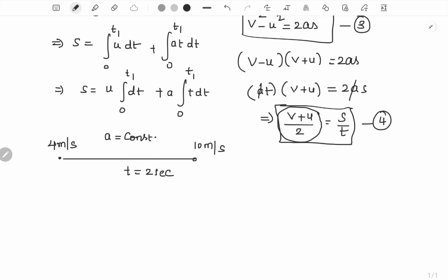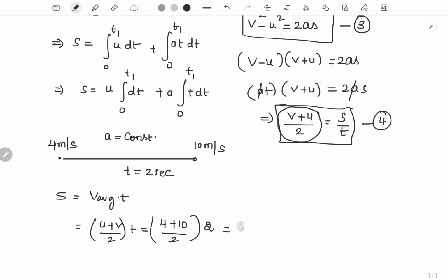Now if you wish to find the displacement during this 2 seconds of time, the easy way is we can write displacement as average velocity into time. Since the body was moving with a constant acceleration, average velocity would be (u plus v) by 2 into t. So (4 plus 10) by 2 into t, which is 2 seconds, would come out as 14 meters is the displacement.